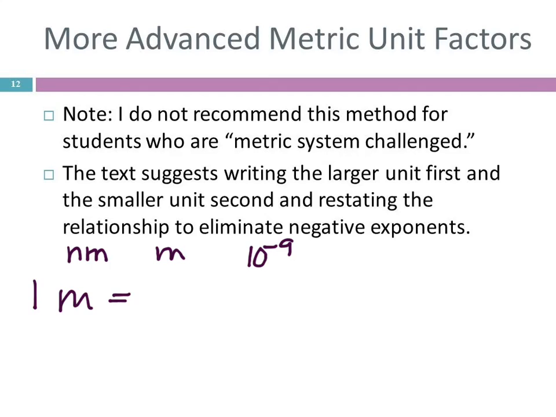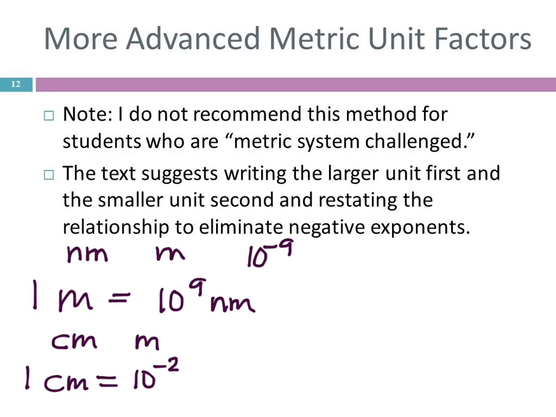So that means there must be 10 to the 9th nanometers in 1 meter. Some of you are like, yeah, of course. Fine. Great for you. Another example that might be a little easier to think about, centimeters and meters. What I'm teaching you is to say that 1 centimeter equals 10 to the minus 2 meters, because that's what centi means.